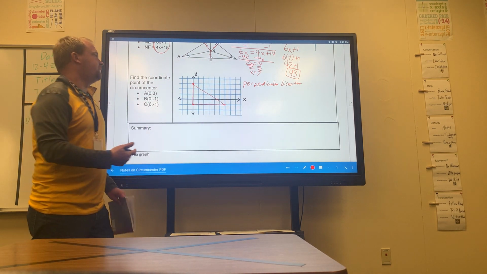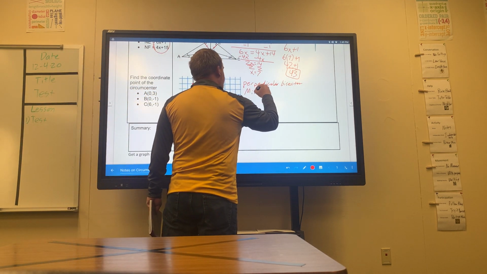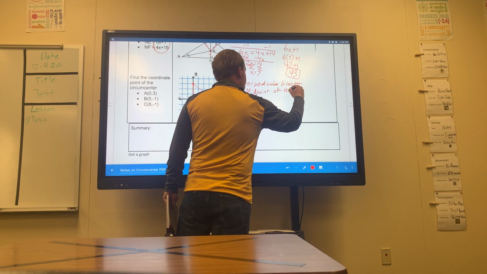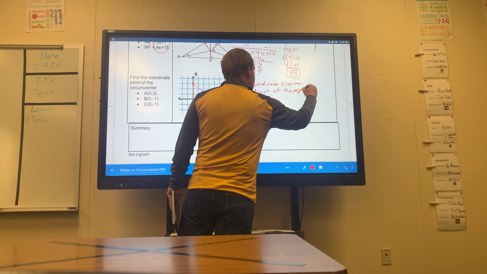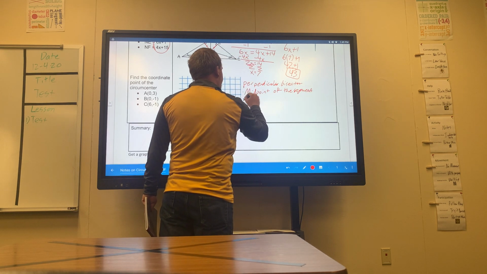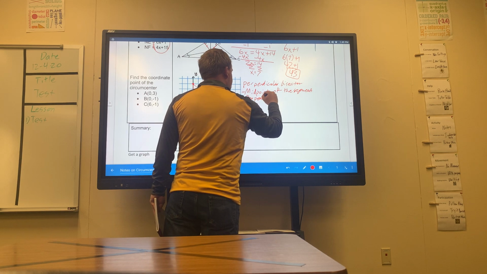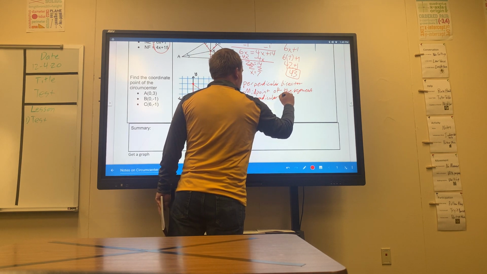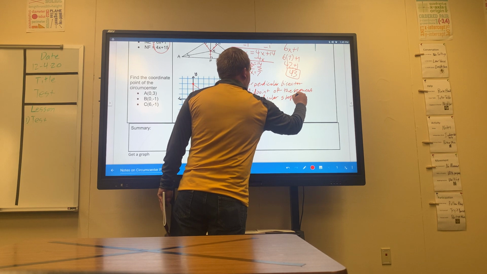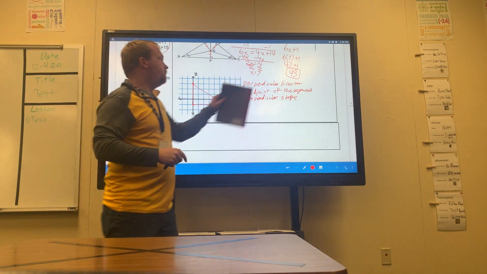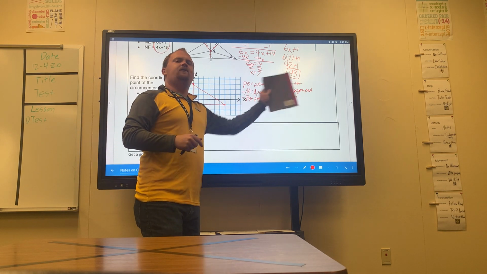Which means I gotta find the midpoint of the segment, as well as the perpendicular slope. Because remember, perpendicular means it makes right angles, and bisector means in half. So I gotta find the midpoint.